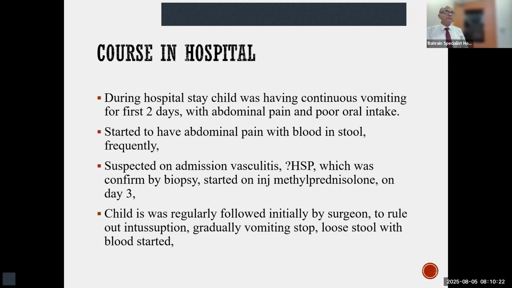Because of the rash and symptoms, we had initially suspected vasculitis or HSP, which was confirmed by biopsy, as the child's symptoms were aggravated with vomiting and diarrhea with blood in the stool. So GI involvement was there. Methylprednisolone was added on day 3, and the child was regularly followed by our team of doctors, gastroenterologists, and surgeons to rule out intussusception.